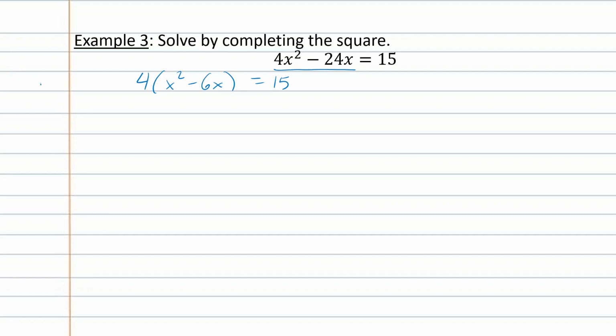Now here our n is 6 or negative 6. But we're really just looking at n squared over 4, right? 6 squared is 36 over 4 is 9. Alright, we can deal with that.